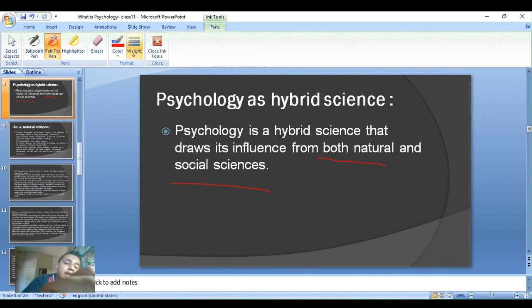So, psychology क्या है? Like hybrid science. Hybrid science का मतलब क्या हुआ?